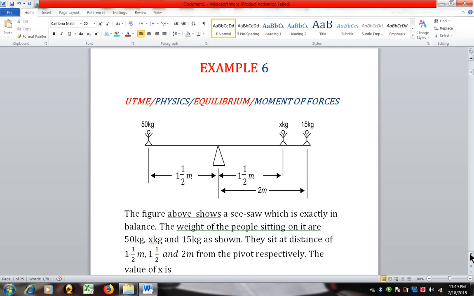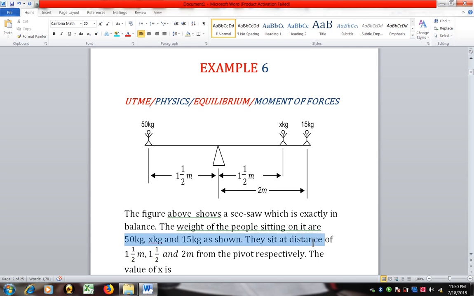The figure above shows a seesaw which is exactly in balance. The weights of the people sitting on it are 50 kilogram, X kilogram, and 15 kilogram as shown.